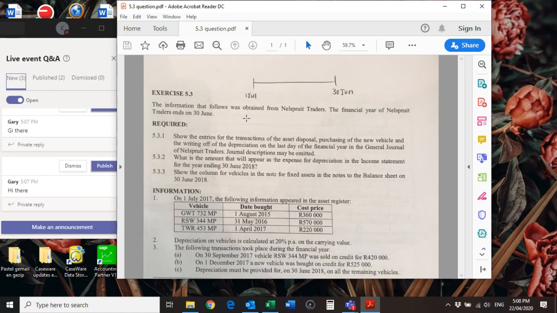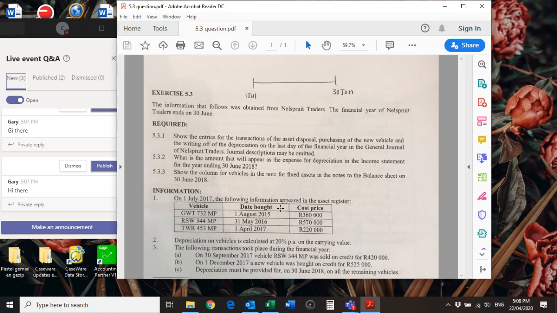Okay, so now we see, this is our information on 1 July 2017. So it's my information at the beginning of the year. At the beginning of the year, I had 3 vehicles. And what that means is that I have a cost price of each of these that was given to me the day it was bought. Yesterday I told you guys, it is very important to know that I do not have to give you the depreciation or the accumulated depreciation amount.